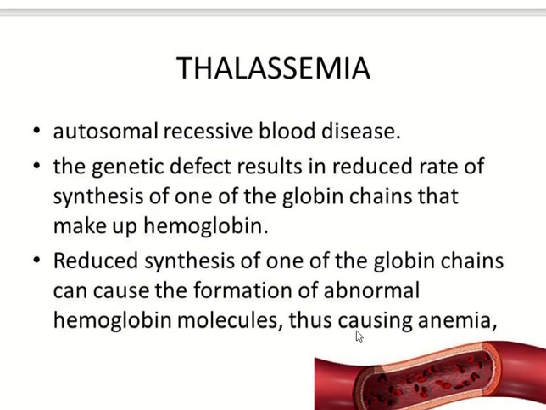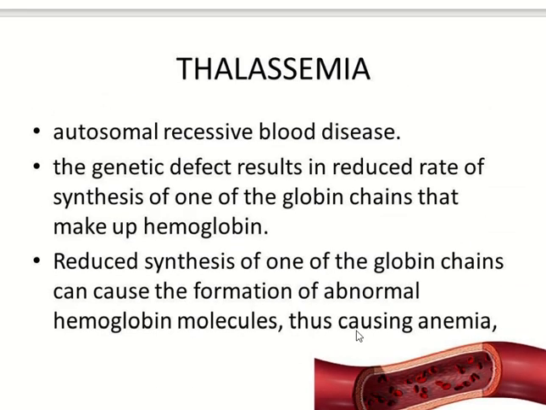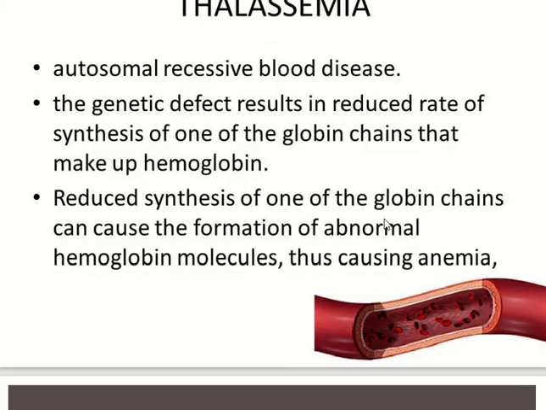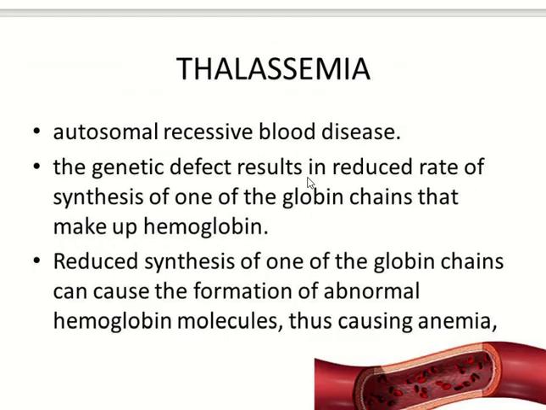Okay, next is thalassemia. Thalassemia is an autosomal recessive blood disease, in which a genetic defect results in a reduced rate of synthesis of one of the globin chains that make up hemoglobin. Meaning that the blood produced by a thalassemia patient is not synthesized and produced very well.